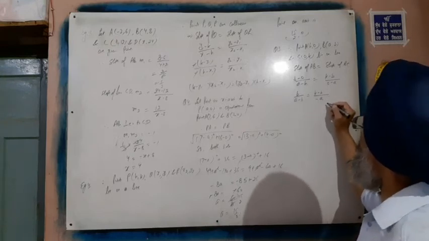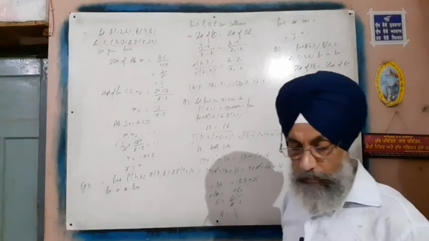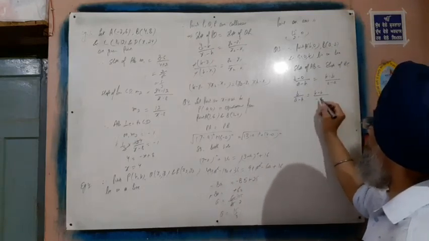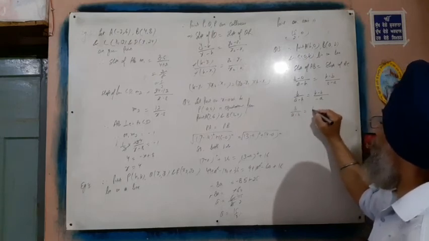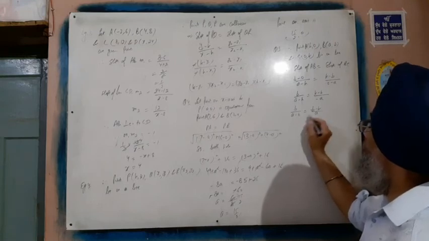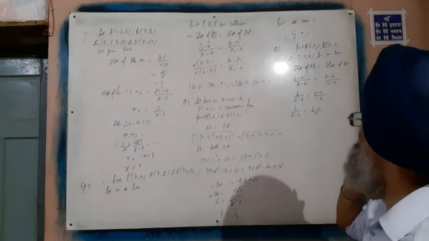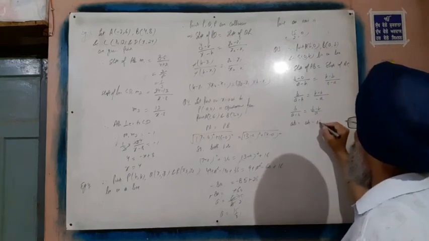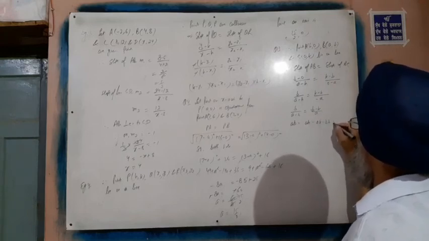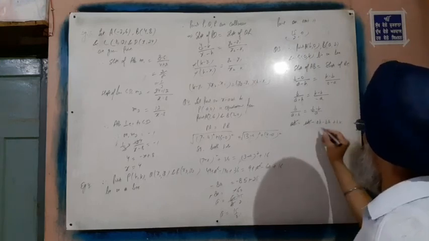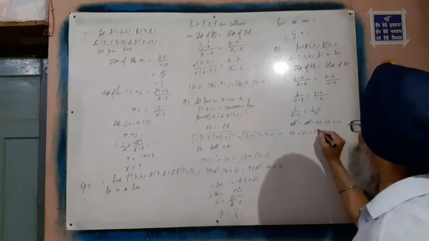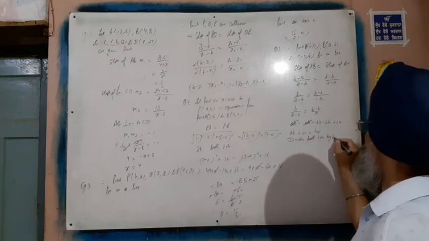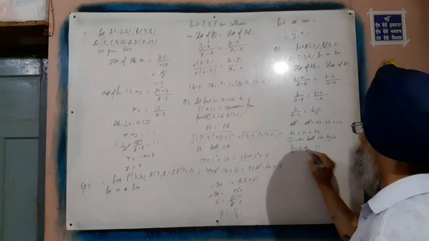So what do we have to show here? We have to show a upon h plus b upon k equals 1. Cross multiplying, it becomes ab equals ab minus ak minus bh plus hk. ab gets cancelled here. Now ak plus bh is equal to hk. Dividing both sides by hk, it becomes a upon h plus b upon k is equal to 1. That we have to show here.